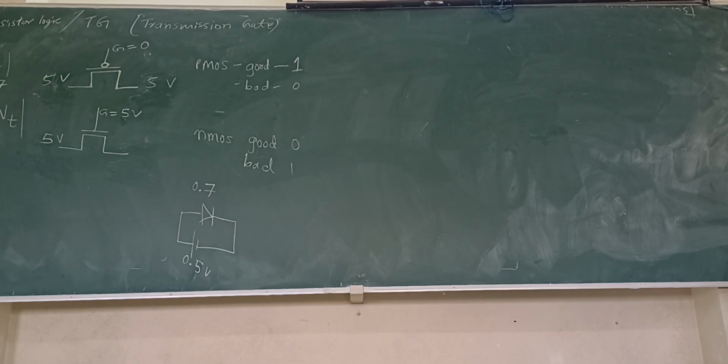Calculate VGS: 5 minus 5 is 0. Is 0 greater than or equal to the silicon threshold of 0.7? It fails. Therefore, this will not pass it faithfully.